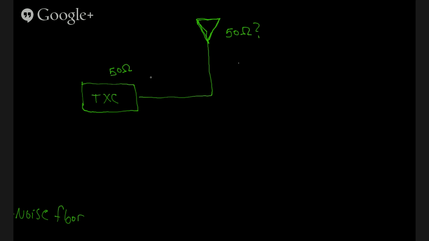But if we have a mismatched impedance, then some of that power is going to be radiated, but a majority of it, or a significant amount, will be reflected back.